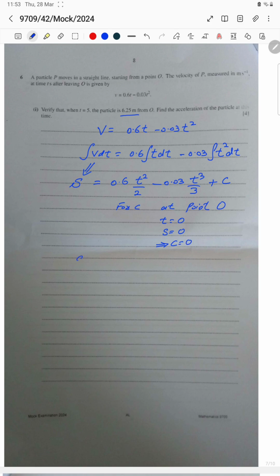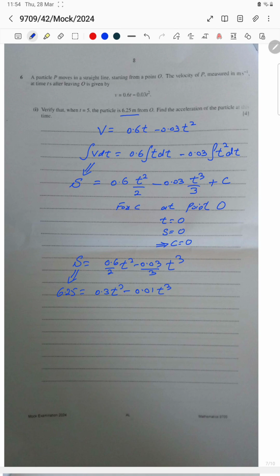So we can say s is equal to 0.6 by 2 t square minus 0.03 by 3 t cube. Now further we can simplify: 0.3t square minus 0.01t cube.